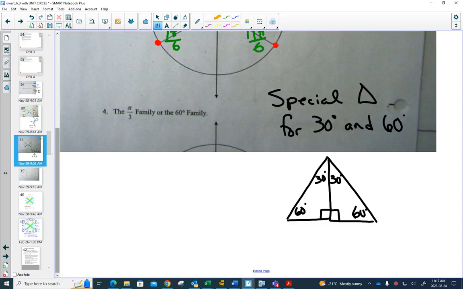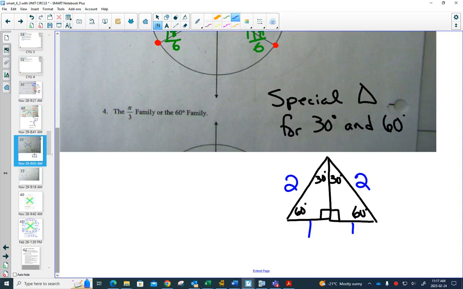And in that big equilateral triangle, since all the angles are 60 degrees, all three big sides have to be the same. We can choose any number we want. I'm going to choose 2, because if I choose 2, this side's 2, but it splits up nicely to 1 and 1.